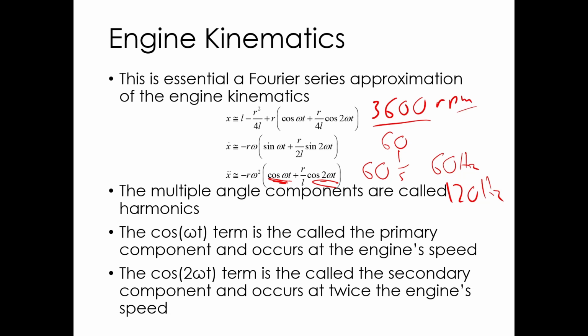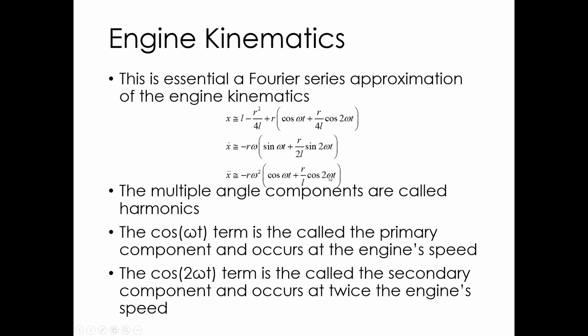So the higher order things really have to do with the connecting rod. And we see the R over L ratio here, which means that for smaller values of R over L, these harmonics become less of a deal, and our vibrations are more at the primary frequency of the engine. From a vibrational perspective, making R over L even smaller gets rid of the harmonics, and everything looks more like a pure sine wave.